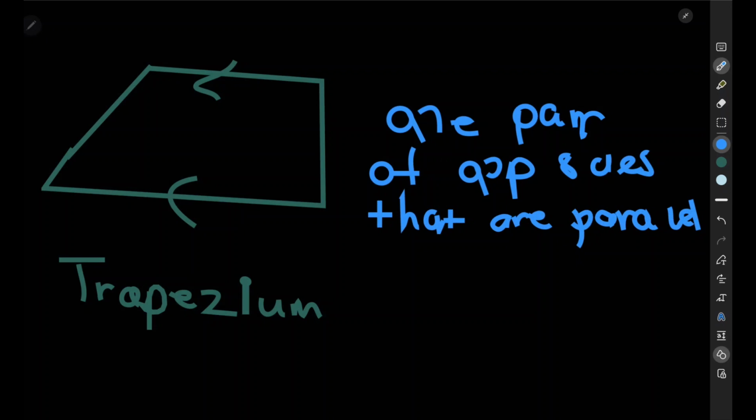With the other ones, obviously we saw that we always have two pairs, but with a trapezium we only have one parallel.